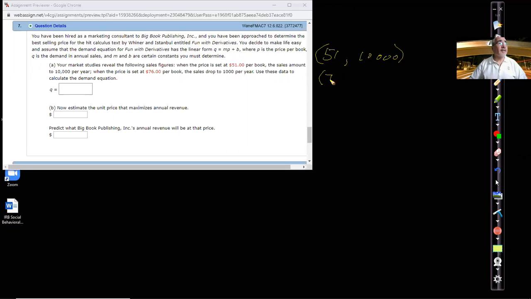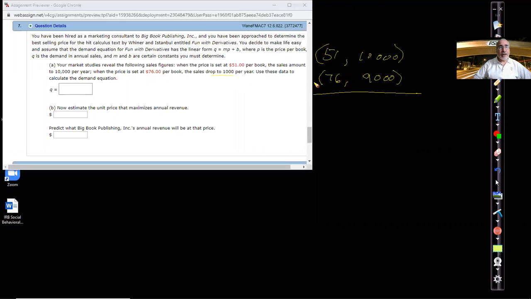And then when we have 76 as our price, it drops by 1,000, so that would make it 9,000. Okay, so we can use this to determine the equation.